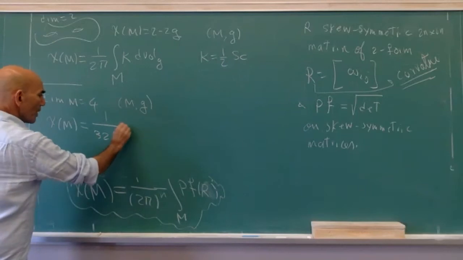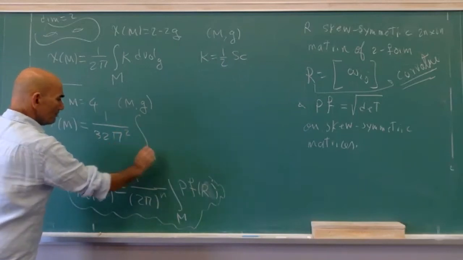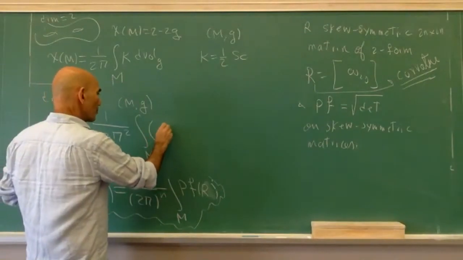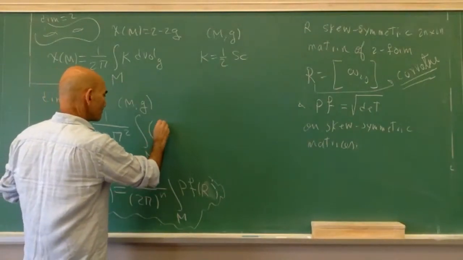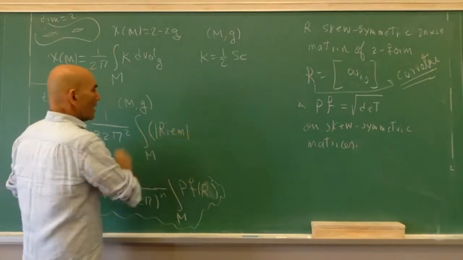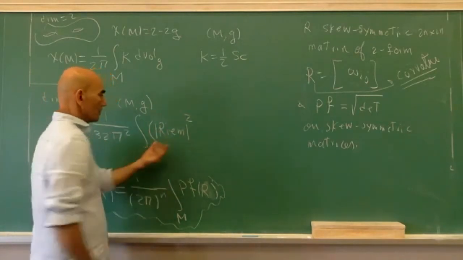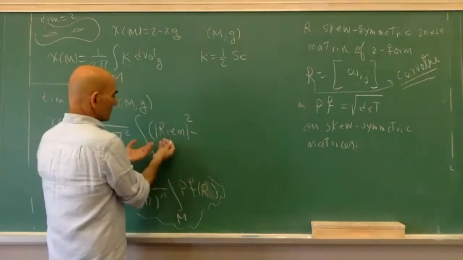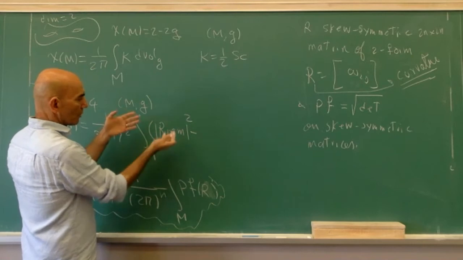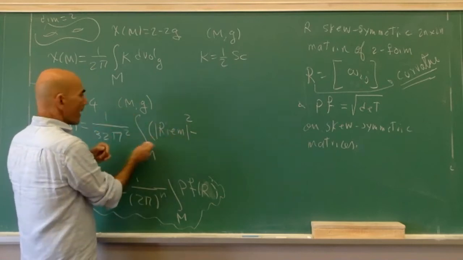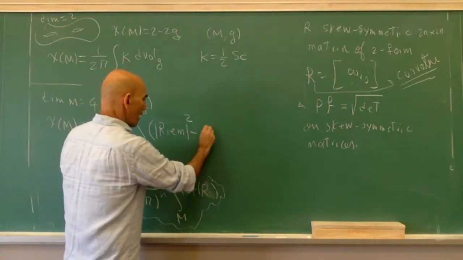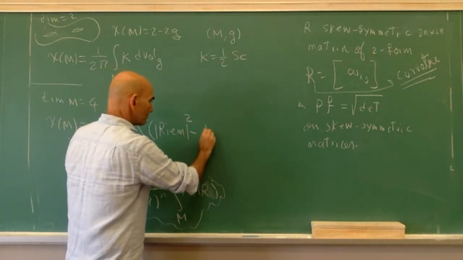32 pi squared integral over M. So it's going to be the Riemann curvature tensor squared. So you get a scalar. So this is the full curvature tensor. Take its norm in the appropriate metric which exists, and then in between you have Ricci.